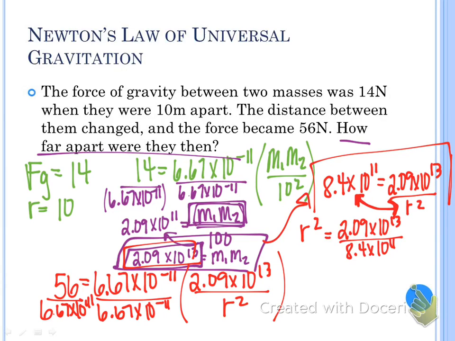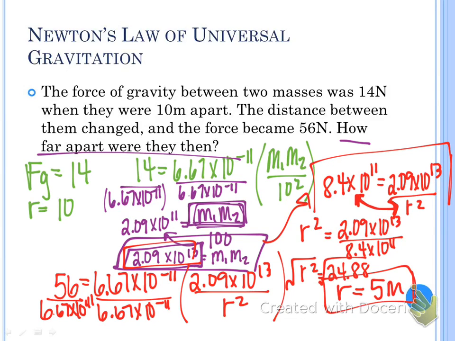So I'm going to do that math. 2.09 times 10 to the 13th divided by 8.4 times 10 to the 11th. Okay, and that gives me an R squared value of 24.88. So to get R by itself, I'm going to take the square root of both sides. And that gives me an R value of 5 meters.